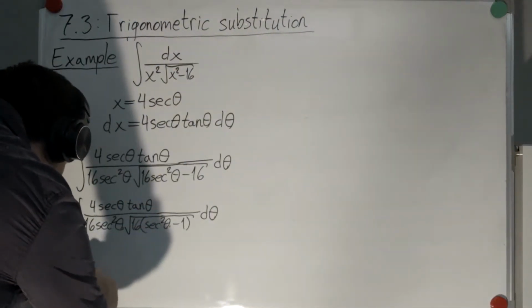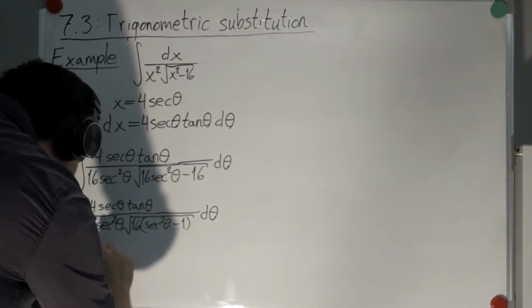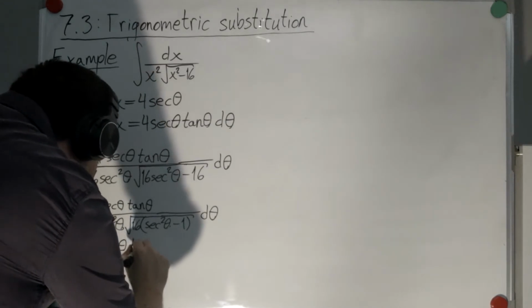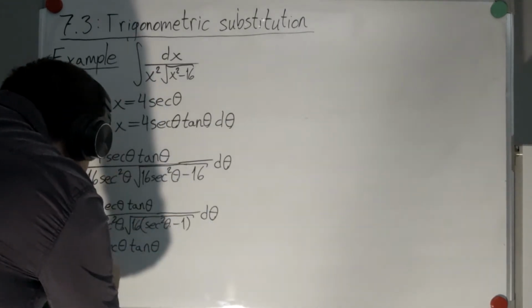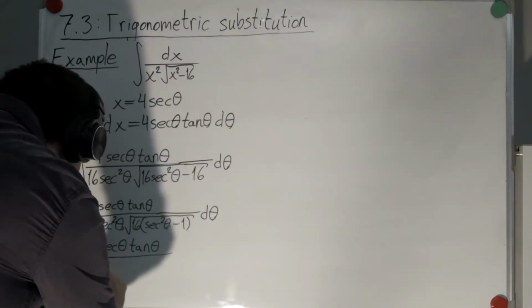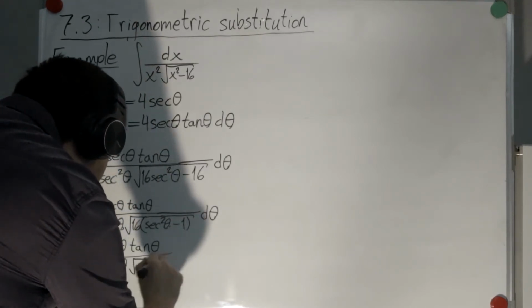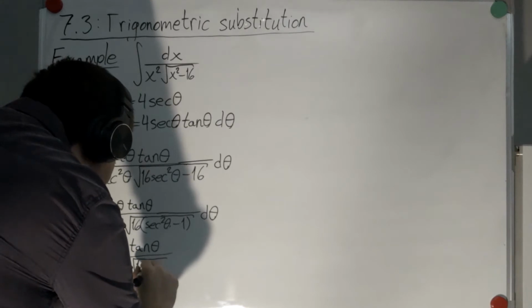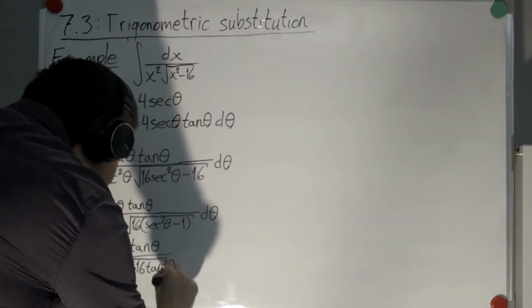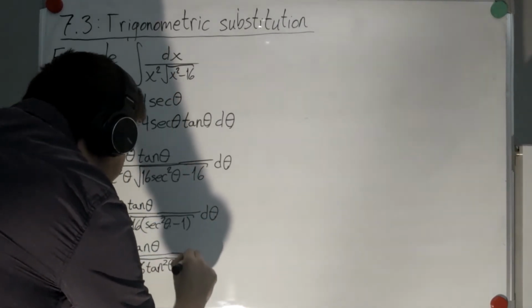So then, in that case, what we're looking at here becomes the integral of 4 secant theta tangent theta divided by 16 secant squared theta times the square root of, well, I suppose this would have to be 16 tangent squared theta d theta.